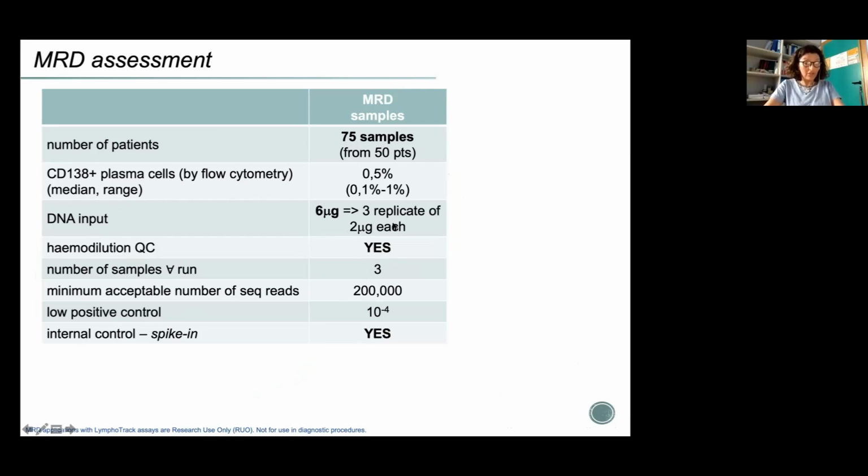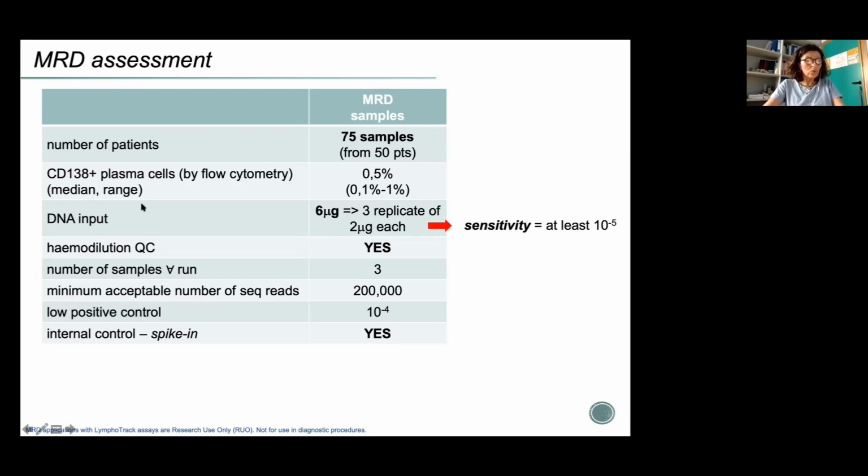Again, some technical features. In each patient, we perform a quality control of the samples by evaluating their hemodilution, in order to exclude from the analysis bone marrow aspirates that were not representative of the bone marrow tissue. For each analysis, we employ 6 micrograms of DNA in 3 replicates of 2 micrograms each, aiming at a sensitivity of at least 10^-5.